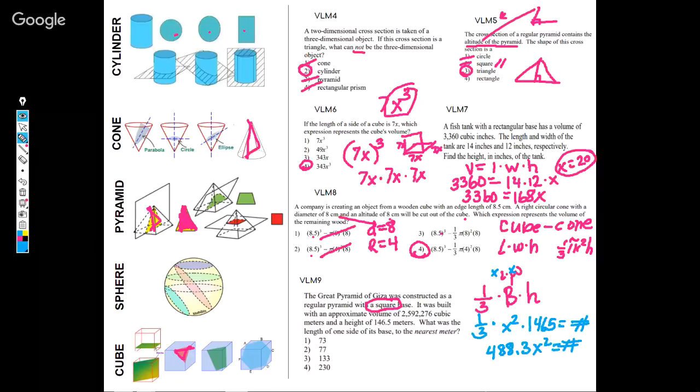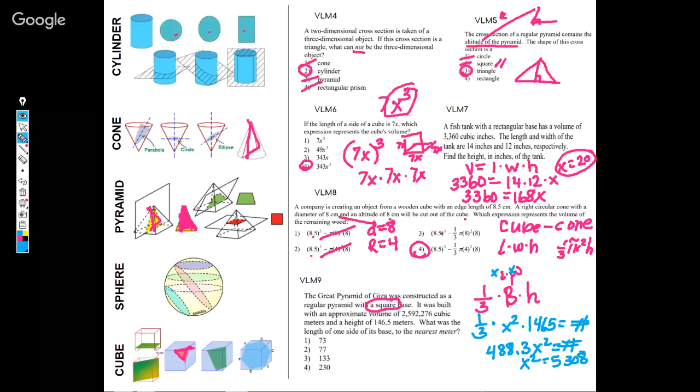That way they don't have to think about the third anymore. So then I'm going to type in that ridiculous number again, 2,592,276. Divide everything by 488.3. This leaves me with x squared equals 5,308. How do you get rid of the squared?